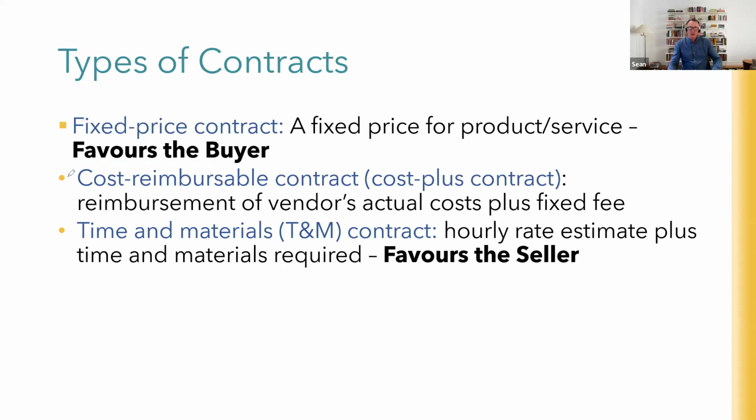And in the middle, you've got the cost reimbursable contract or the cost plus contract, which basically says, as I said before, we'll pay you what you actually spend, plus a margin or fixed fee on top of it.